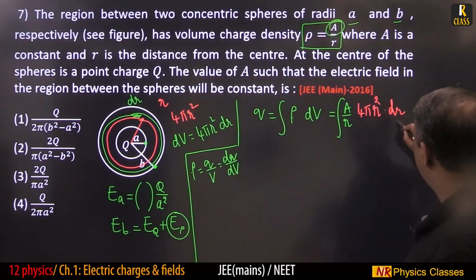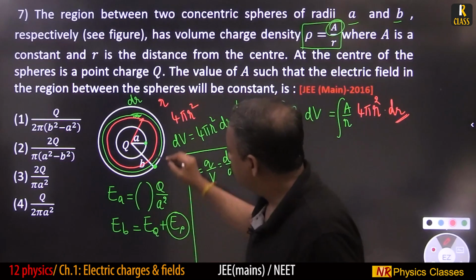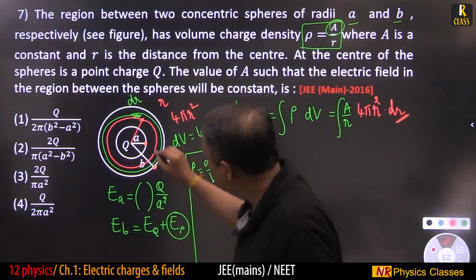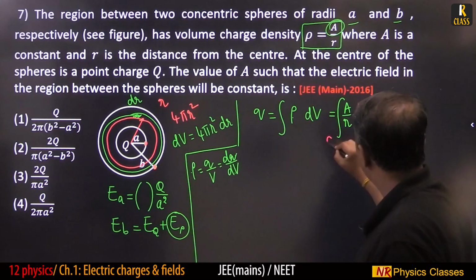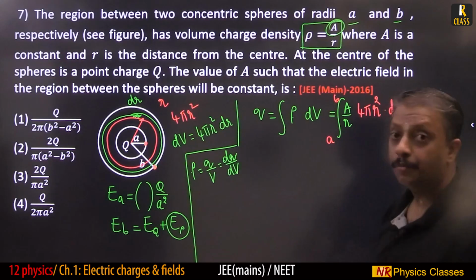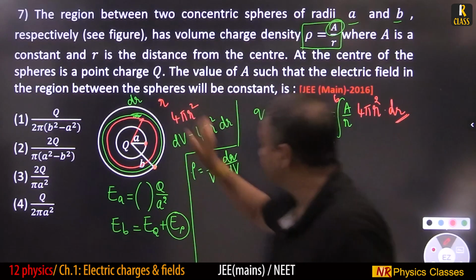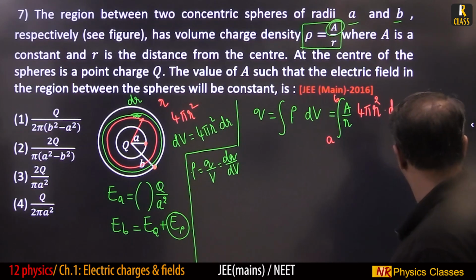Now observe dr. We want the electric field from this point to this point, at a distance a to b. So limits are from a to b. Hope you understood. We want between these two spheres.